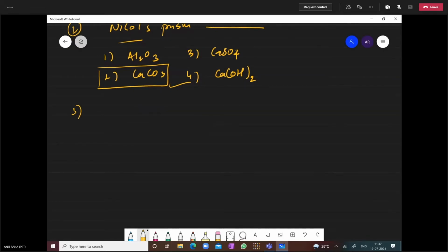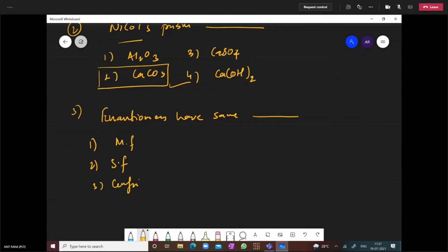Enantiomers have same dash. The chemical... molecular formula, structure formula, SF structure, MF molecular formula, configuration, fourth, both A and B, that is 1 and 2.